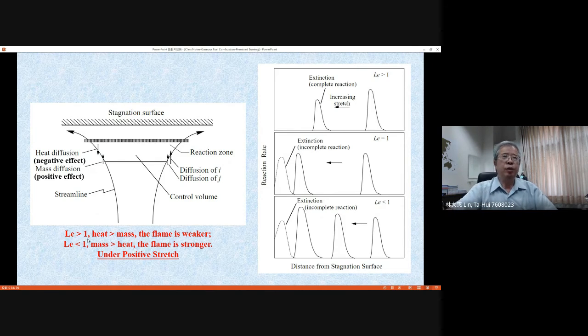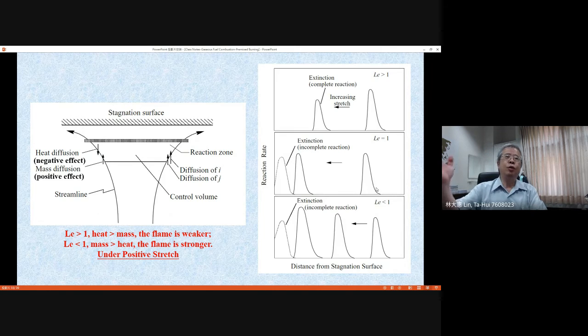Now you go back to see the structure described in the right figures. We start from the ideal case. If Lewis number equal to 1, this curve represents the chemical reaction rate you usually understand, and you can do the experiment. This experiment tells you that you have a premixture with a Lewis number equal to 1. This is a chemical reaction rate distribution representing the reaction zone or flame zone, right?